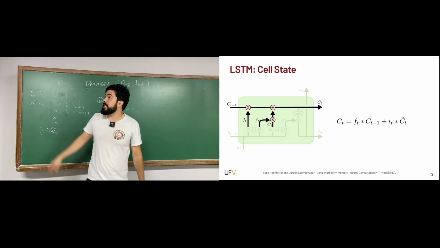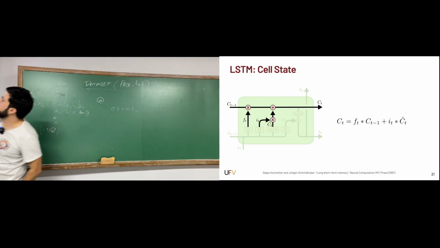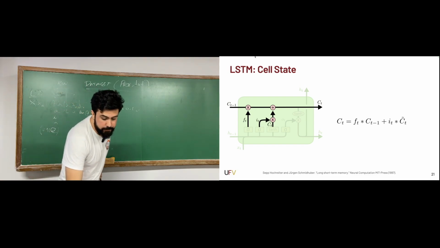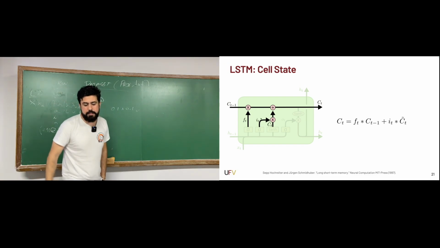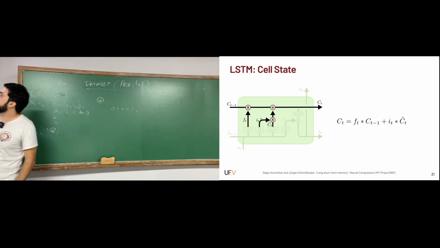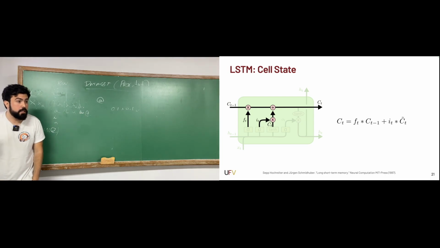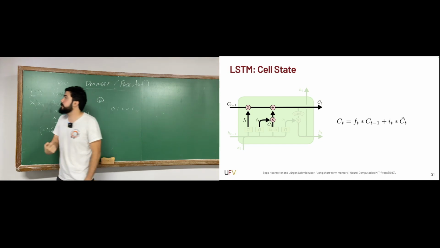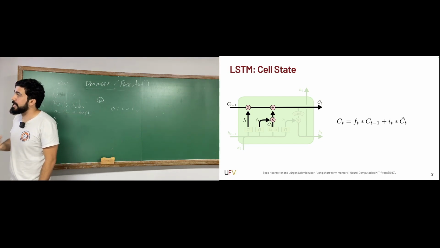But then at the very end, you have this C_t, which is your update. Here you're updating your C state. You can see the C variable as a vector. It's similar to the hidden state that we had before in the classic RNN.